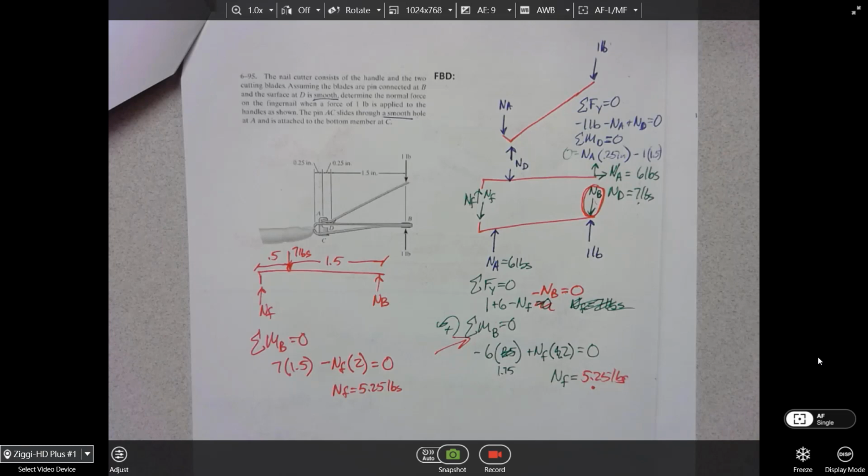So we'll have 1 plus 6 minus the normal of the finger equals 0. So we're going to go with, hopefully the normal of the finger is 7 pounds. £7 of fingernail slicing action.